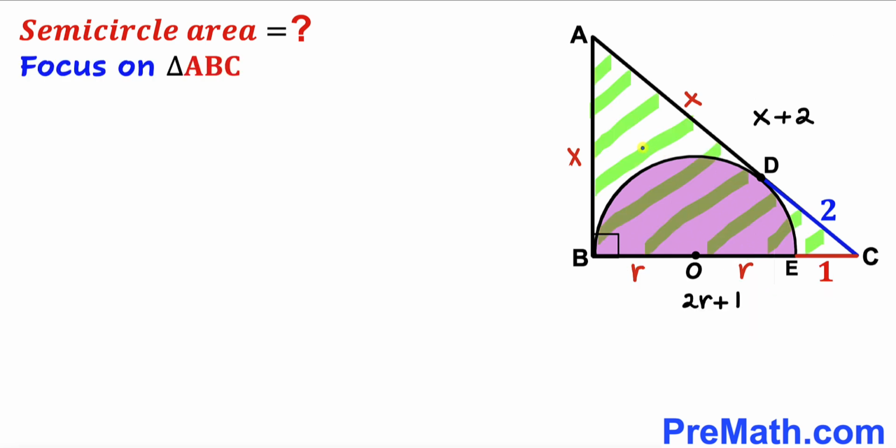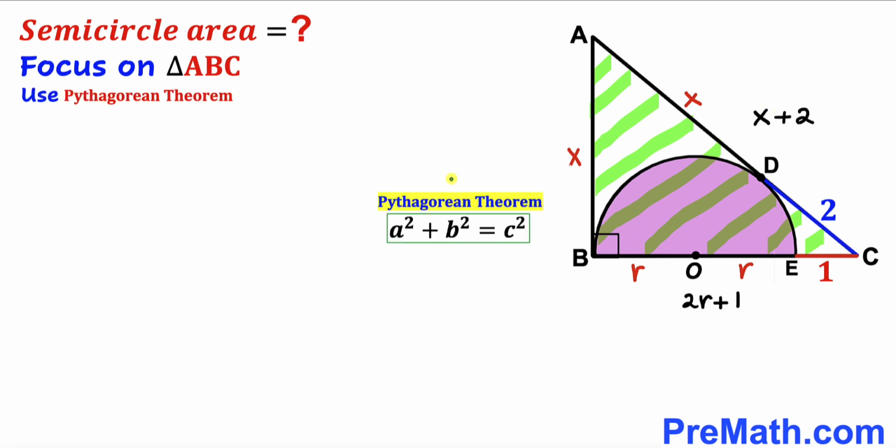Now let's focus on this right triangle ABC, whose side lengths are x, 2r plus 1 and x plus 2. We are going to apply the Pythagorean theorem on this triangle. Here's our Pythagorean theorem: a square plus b square equals c square. In our case, our hypotenuse is x plus 2, whereas our two other legs are x and 2r plus 1.